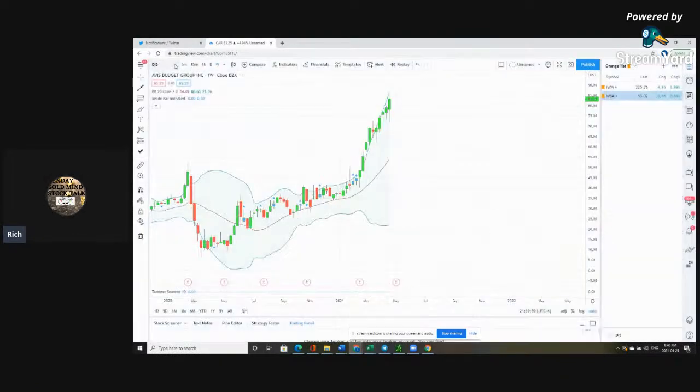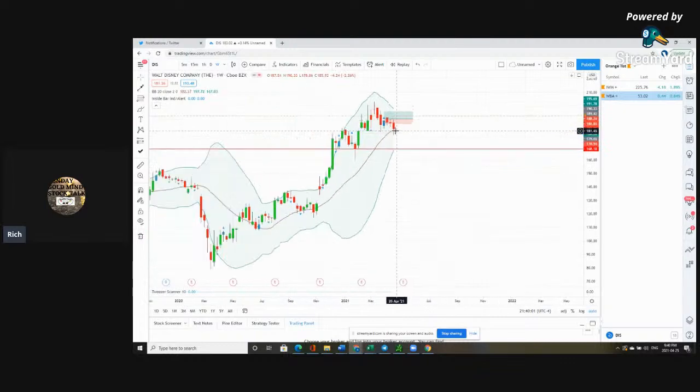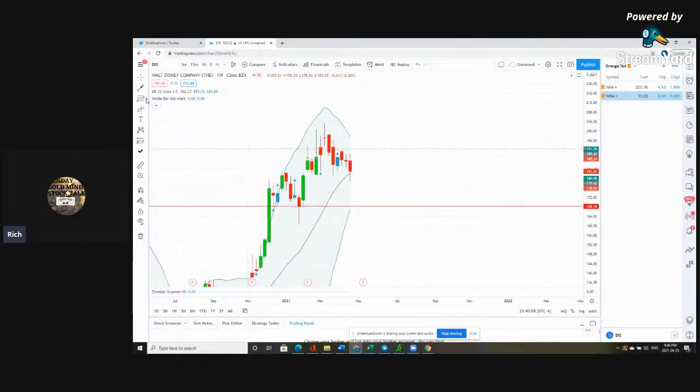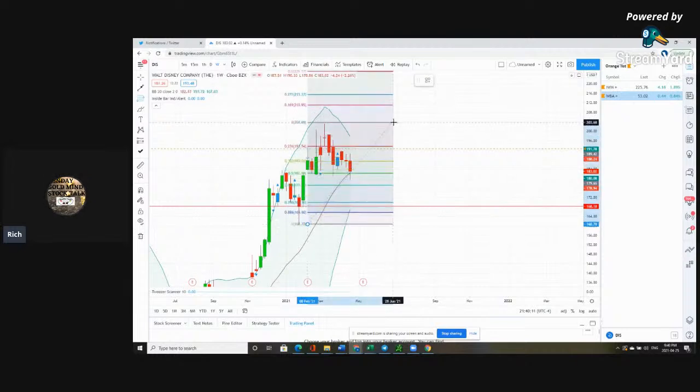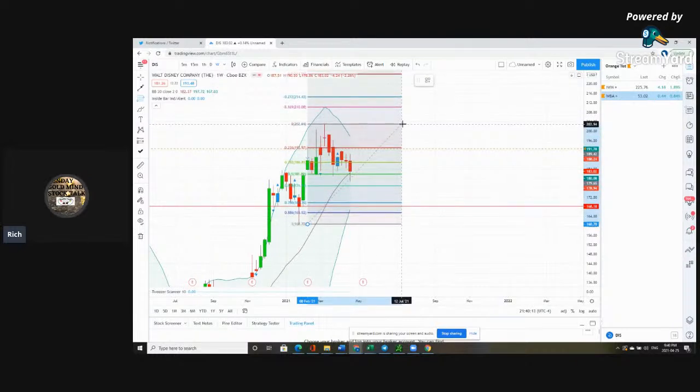Rizwan says Disney. What's going on with Disney? Right now it looks like we're sitting on a fib. Let's take it from this swing low up to this swing high here. Look at that, we're hugging the 50.